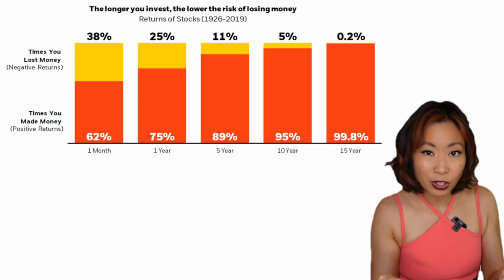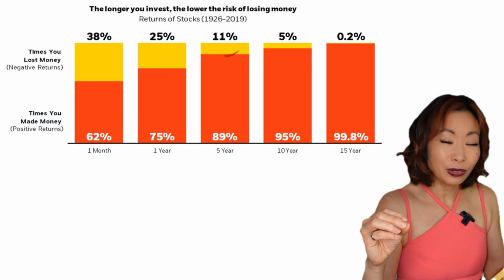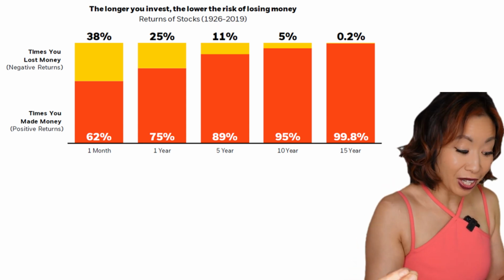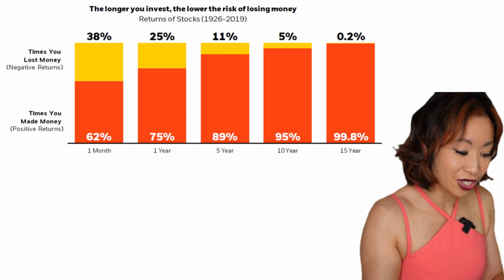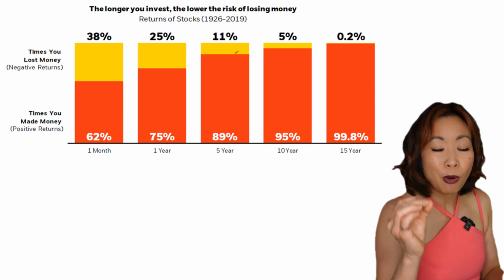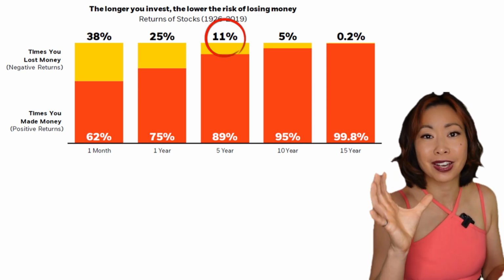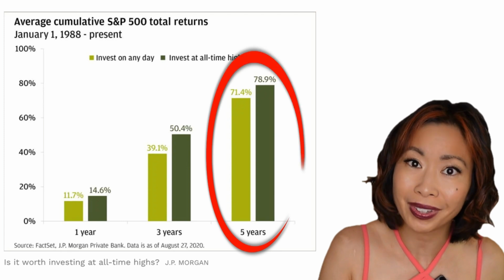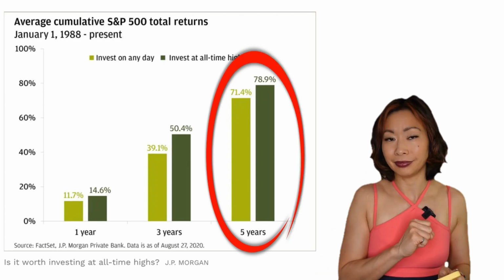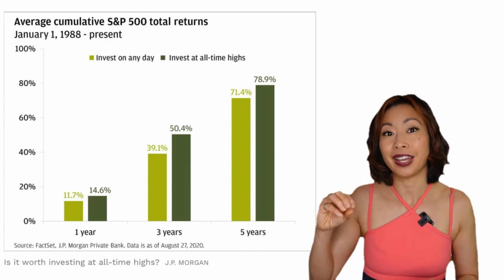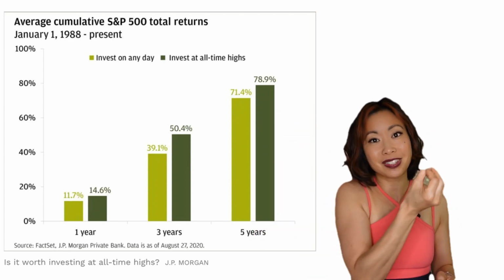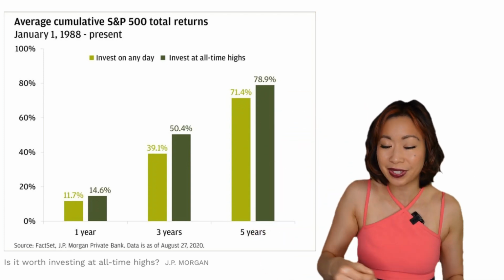But if you jump to 5 years, you only have an 11% chance. And then if you go to 15 years, you only have a 0.2% chance of losing your money. But you must hold on to that money for more than 5 years. Not 1 year, 5 years.